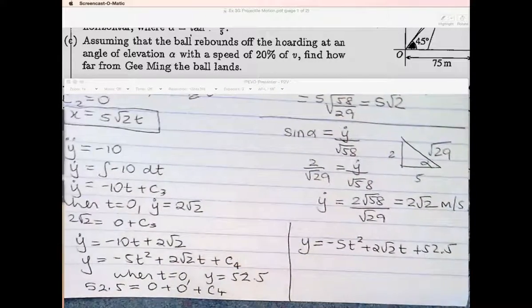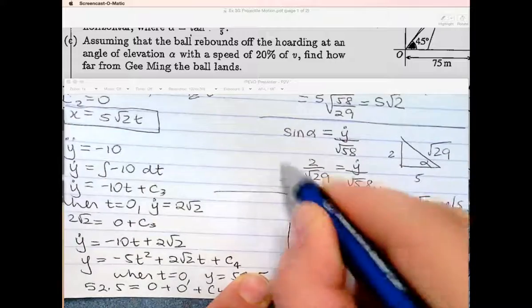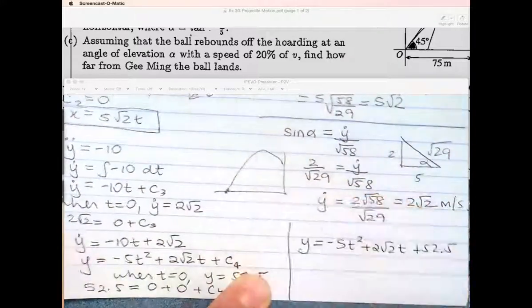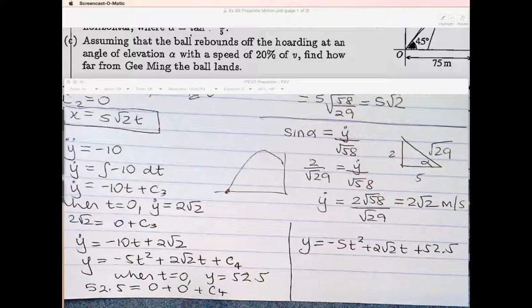Now, once you've got that, what's the question? How far from Ji Ming the ball lands? So girls, the ball comes back and hits the ground. What do you know about when it hits the ground? What equals 0?